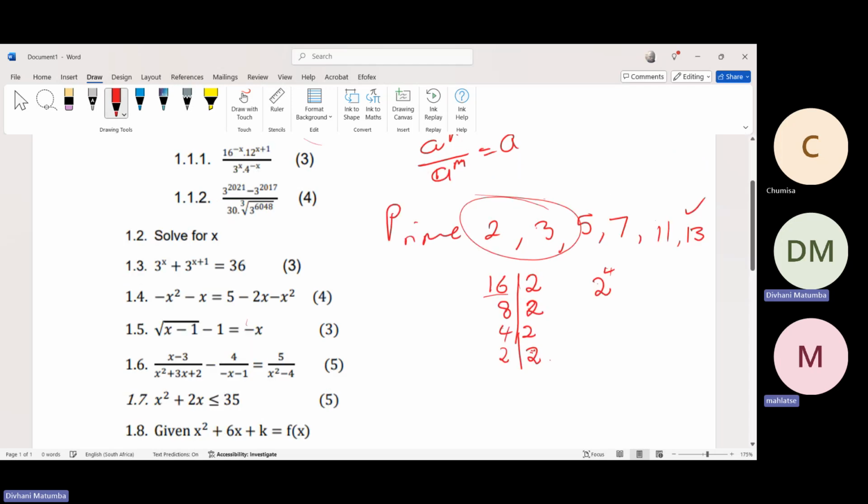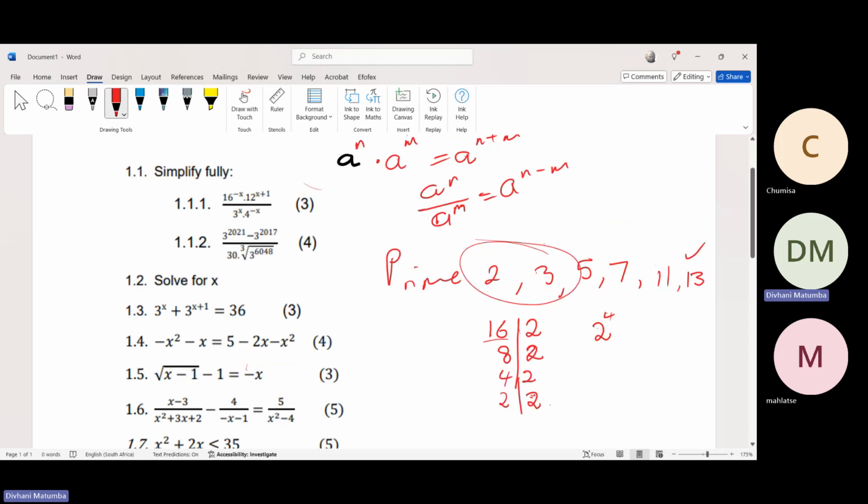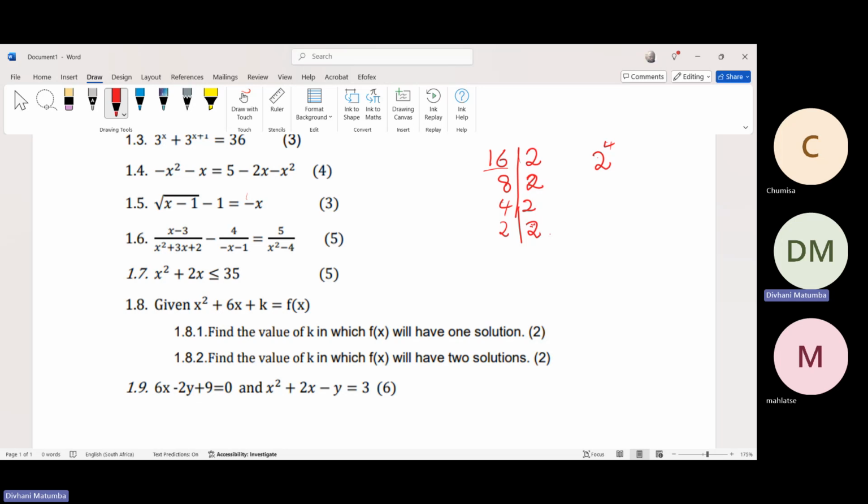All right. Let's take 12 and do the same thing. The first number you must try with is 3. If we divide 12 by 3, we get 4.